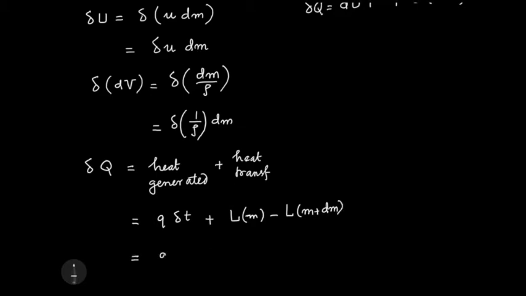So this is per unit time, so in time delta t, it is times delta t. So this is minus del L del m dm delta t. This is my delta q.